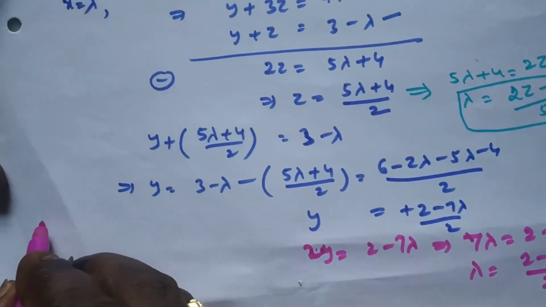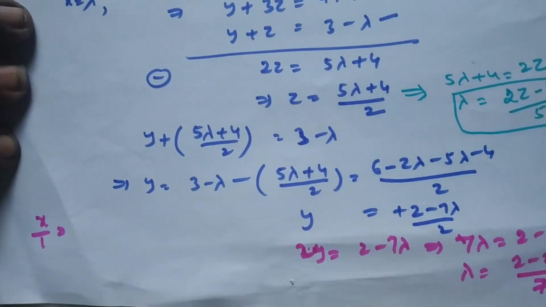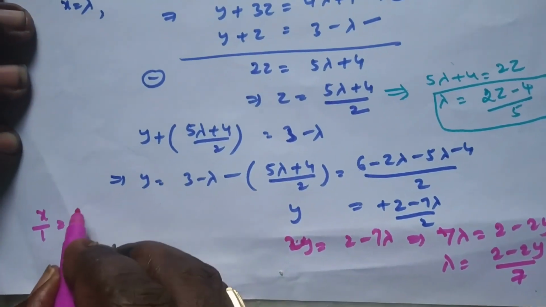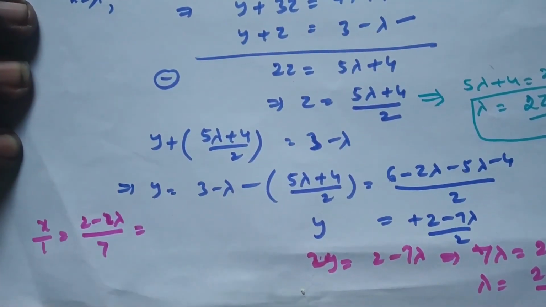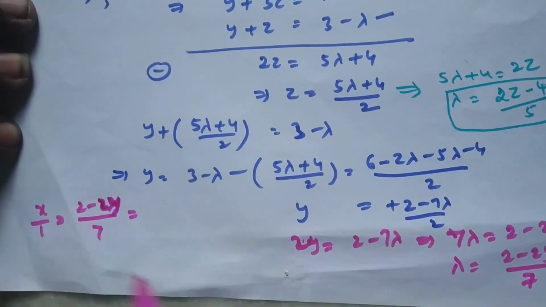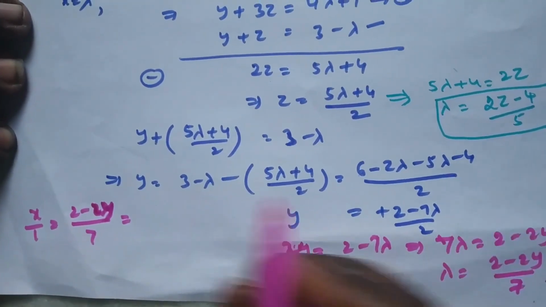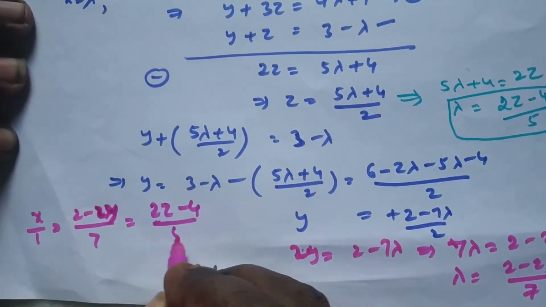What we get? x by 1 is equal to, what is the lambda in terms of y, 2 minus 2y by 7, is equal to 2z minus 4 by 5.